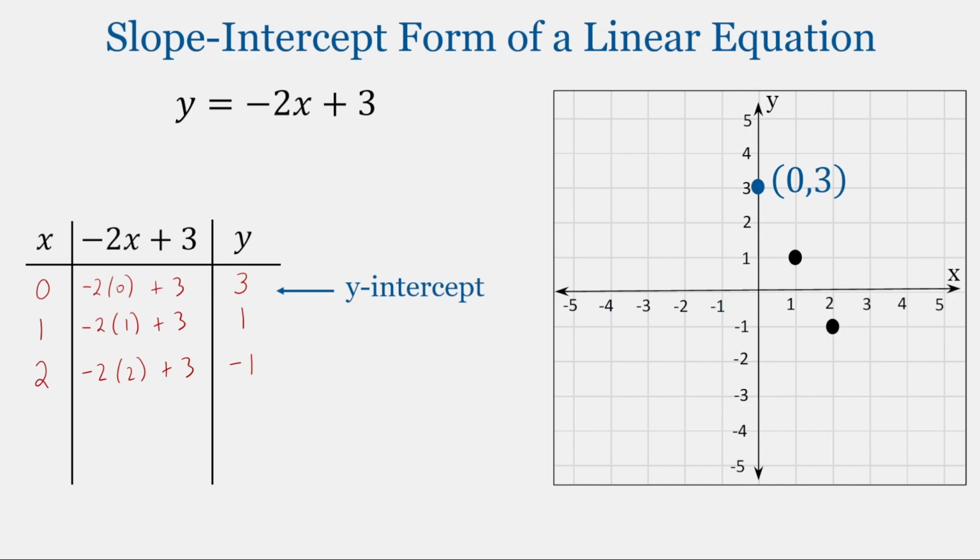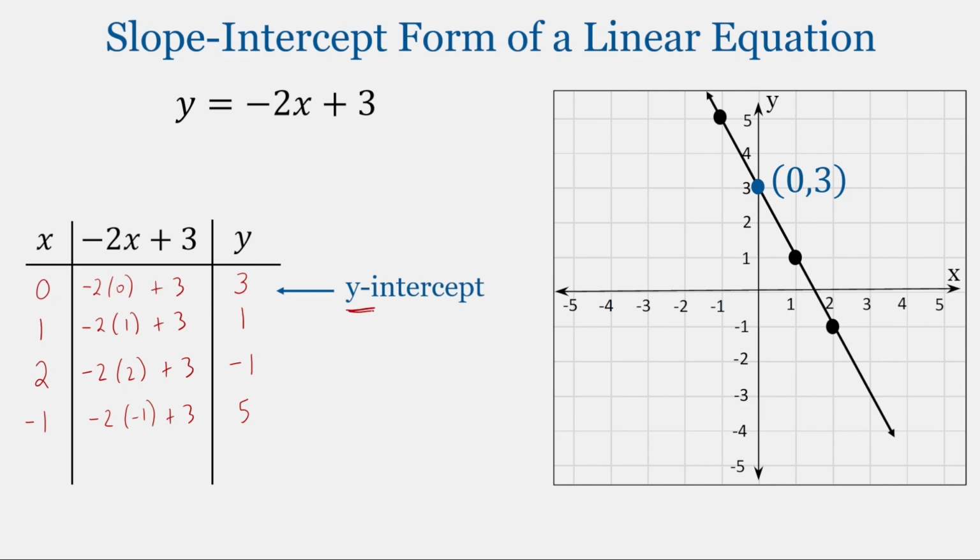So we have the point 2, negative 1. Let's try a negative number. Let's try negative 1. So we have negative 2 times negative 1 plus 3. So you get 2 plus 3 is 5. And you have the point -1, 5. And we can connect these points to create our line.